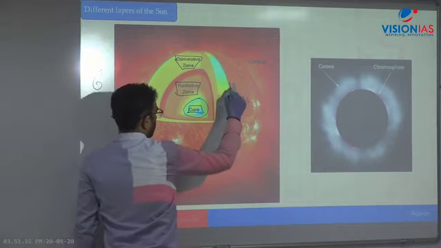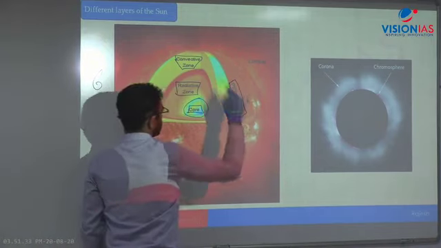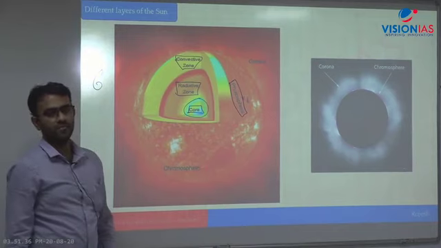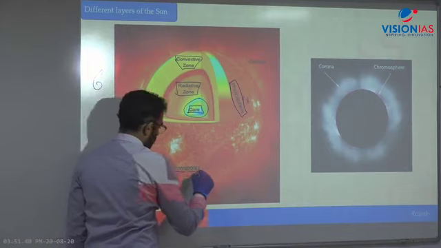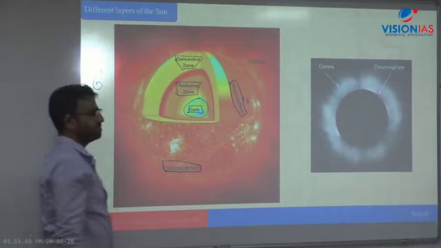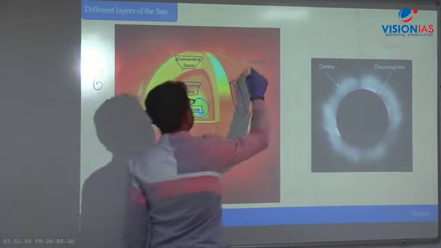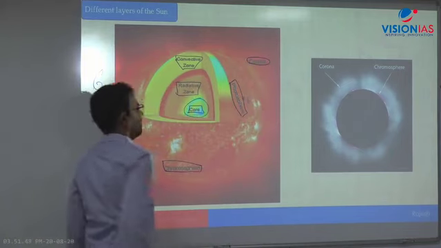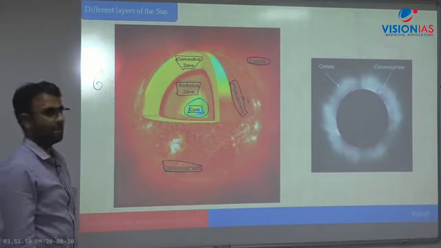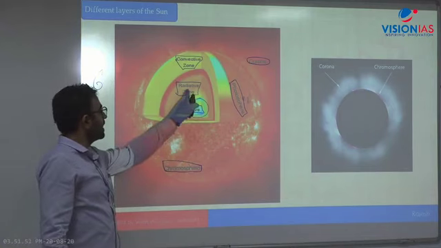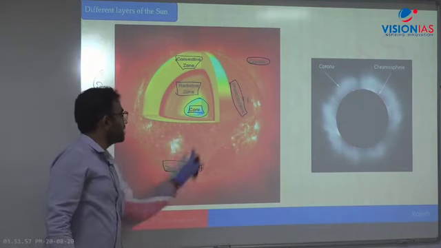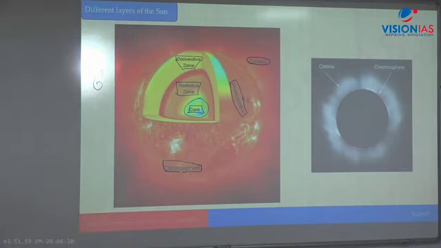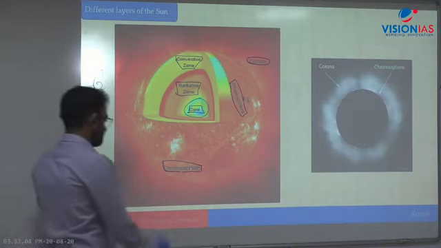The lowermost layer is the photosphere. Above the photosphere we have the chromosphere. Above the chromosphere we have the corona. Core, radiative zone, convective zone, photosphere, chromosphere, corona. Of course, corona is a very new term for the world, and for geographers this is a very old term.